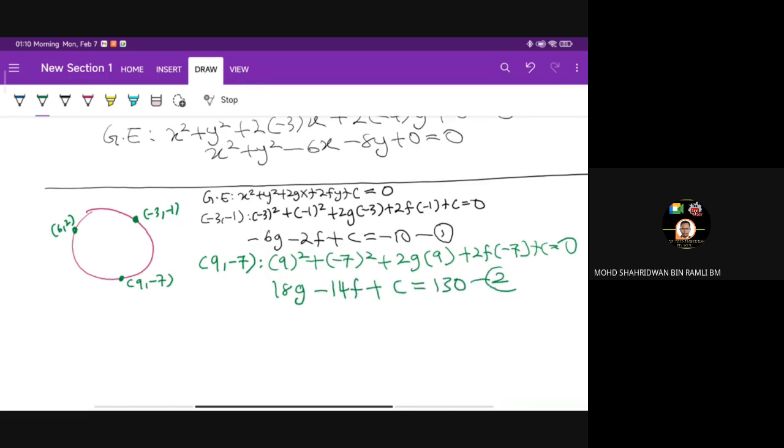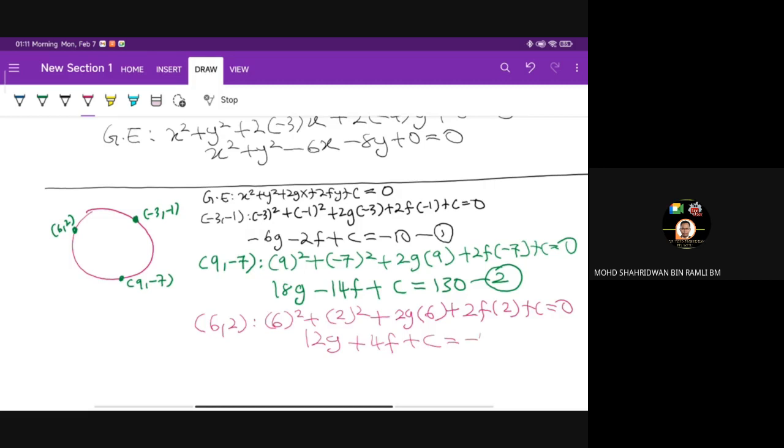So this is our second equation. Last one, when we substitute our last point (6, 2), we are going to have (6) squared plus (2) squared plus 2g(6) plus 2f(2) plus c equals 0. And it will be 12g plus 4f plus c equals -40. So this is our third equation.